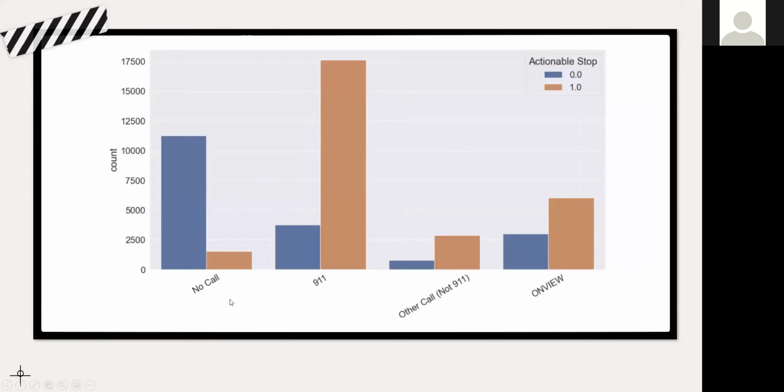These no-call stops, which means the officer saw something and stopped someone based on what they saw, overwhelmingly do not result in police action, whereas stops that come from a 911 call overwhelmingly result in police action.